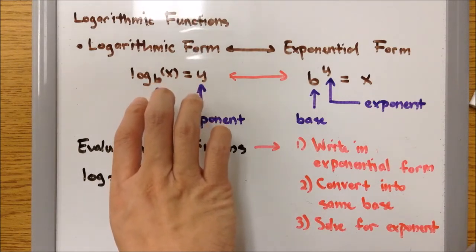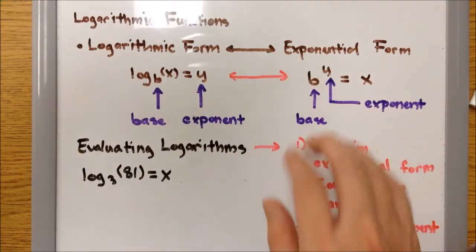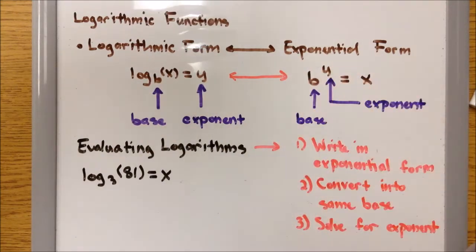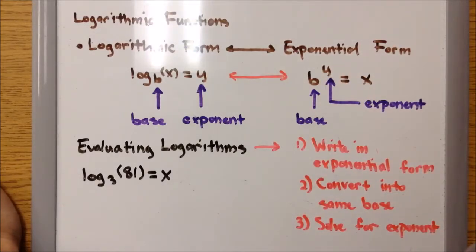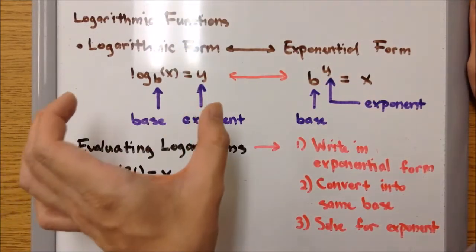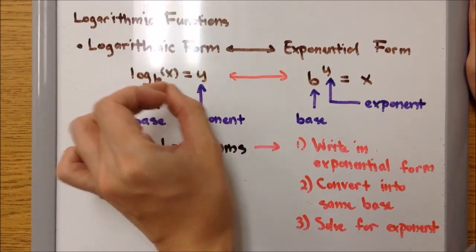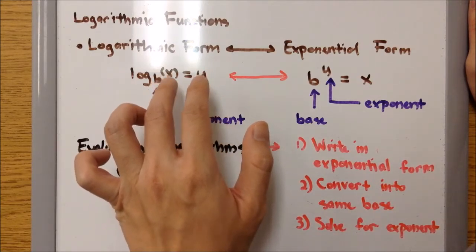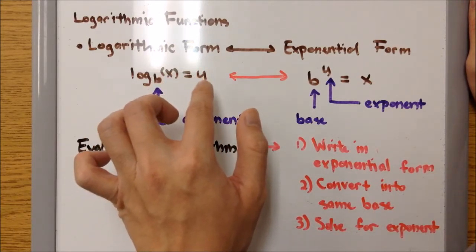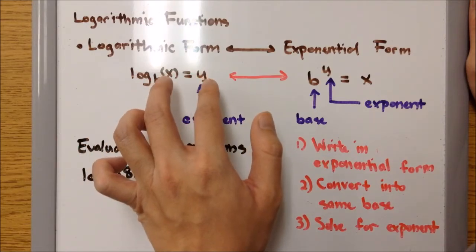Now, in order to do that, we're going to talk about the relationship with exponential form. The reason we call it exponential form is because the variable is being used as the exponent. So, to go from log base b of x equal to y, keep in mind, it won't always be just x, nor will it always be just y. These are just variables in place of it.